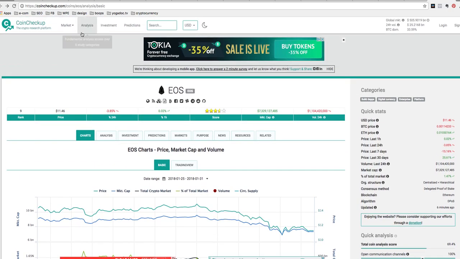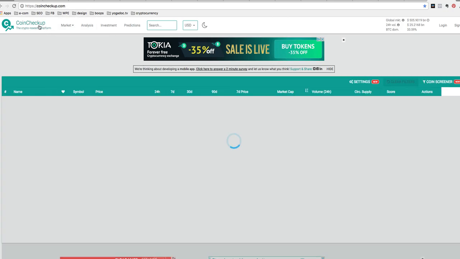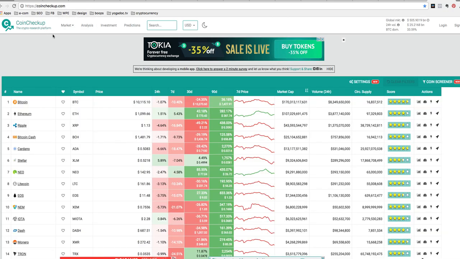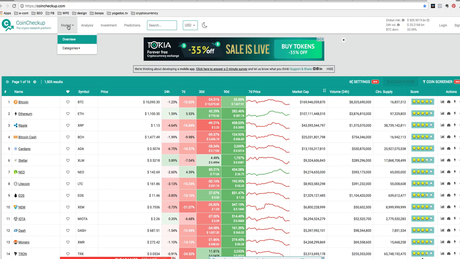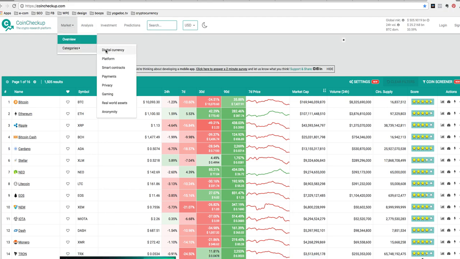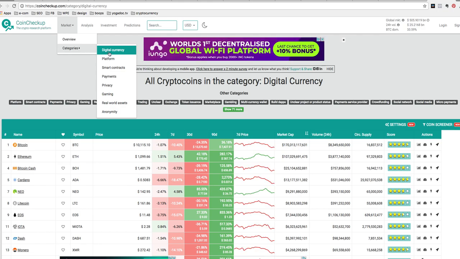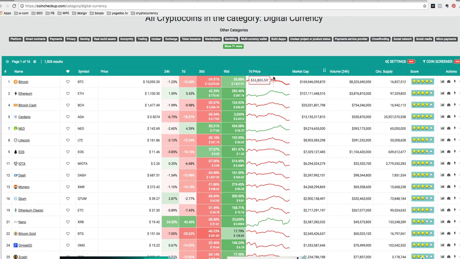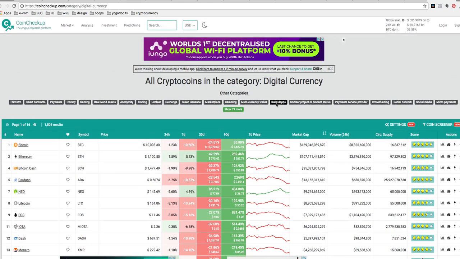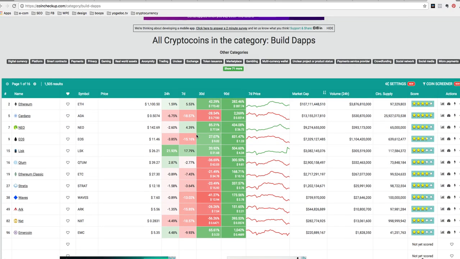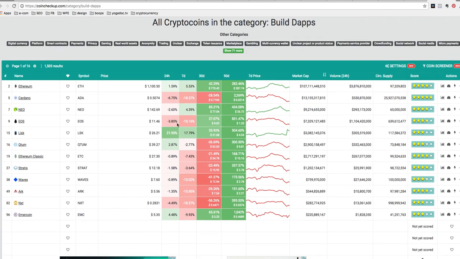That is the key. If you look at the categories here, you go to market and look at categories, and we'll just pick digital currency. Obviously, there are a lot of digital currencies, so you want to pick a category with maybe a few fewer coins in it. So this was the build decentralized applications category, and now you can look at the whole category and look at the performance for a day, 7 days, a month, and 3 months, and up to a year.